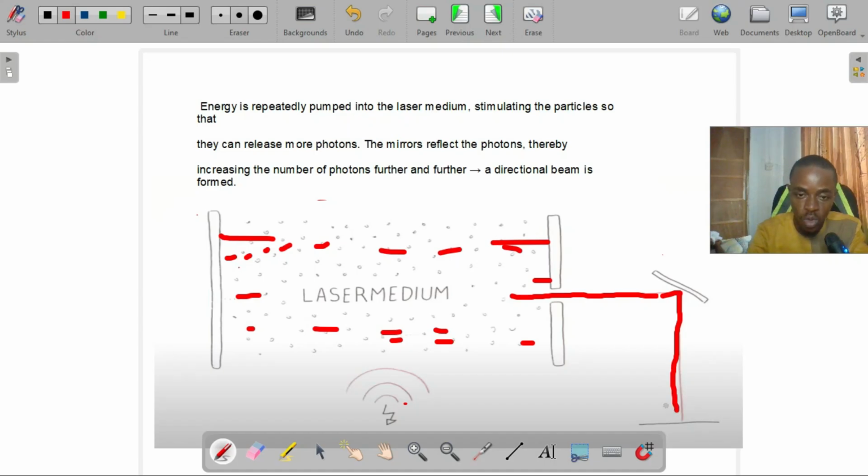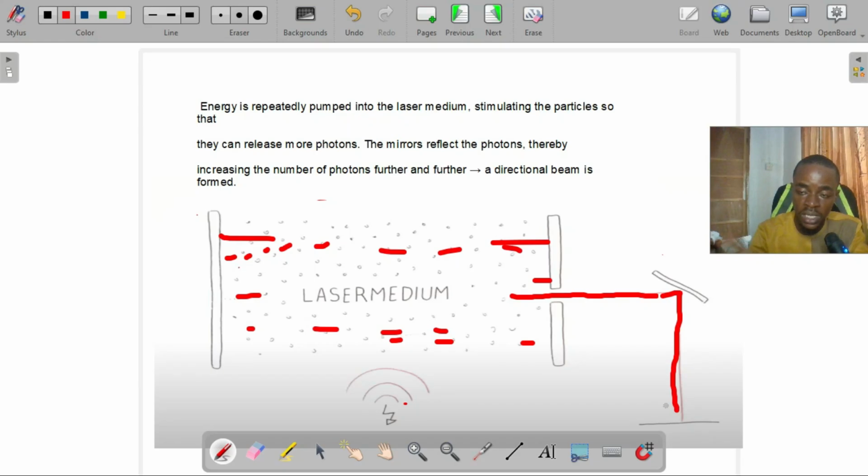Okay, so in a nutshell of what we just said, inside the laser there are things going on. You have the pump, you have the particles. Once they get to the higher state, a photon is released.